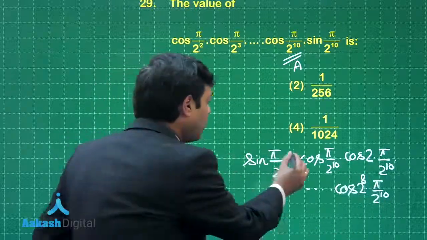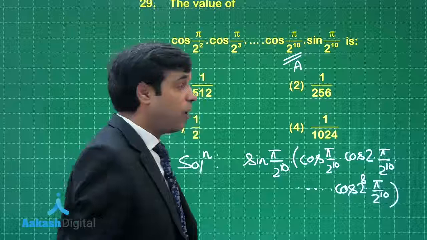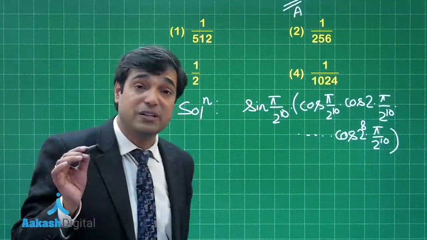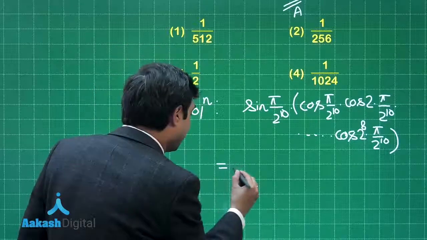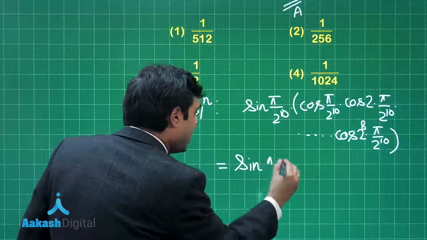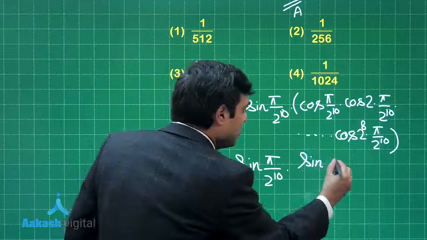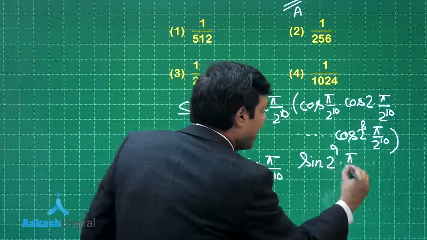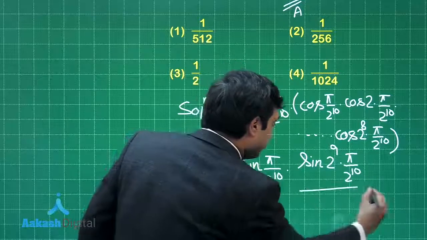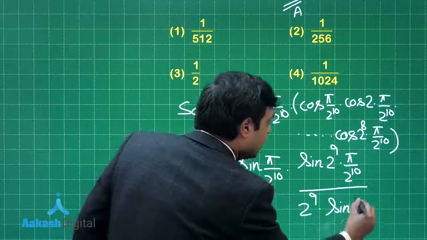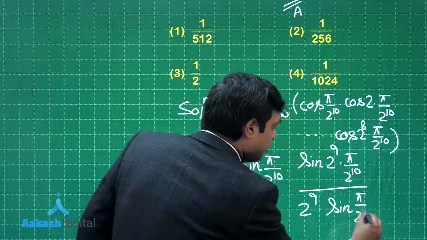Now, I have total 9 such terms, and the formula for this is sine 2 raised to the power n a upon 2^n sine a. So, it becomes sine pi by 2 to the power 10 multiplied with sine 2 to the power 9 into pi by 2 to the power 10 divided by 2 to the power 9 into sine pi by 2 to the power 10.